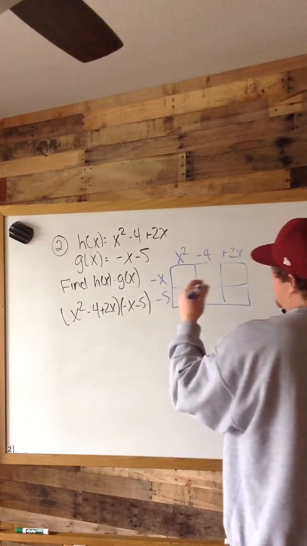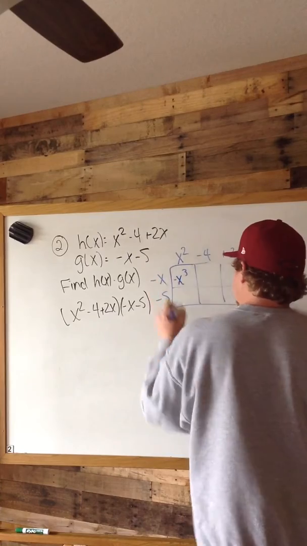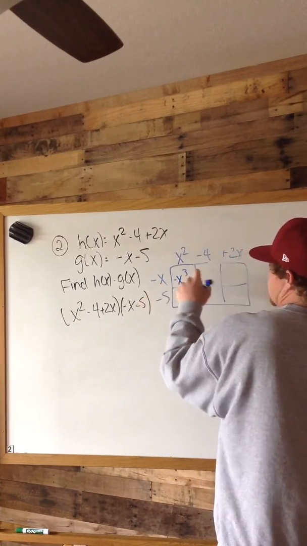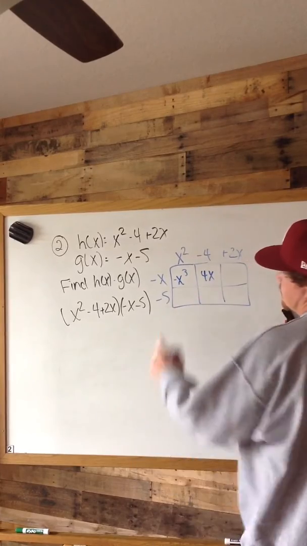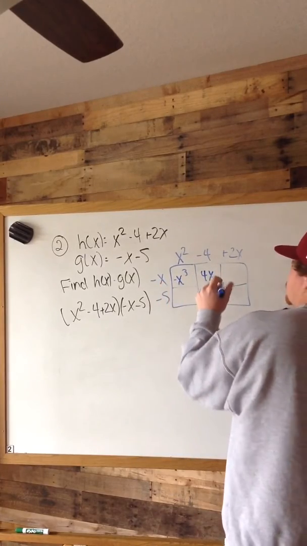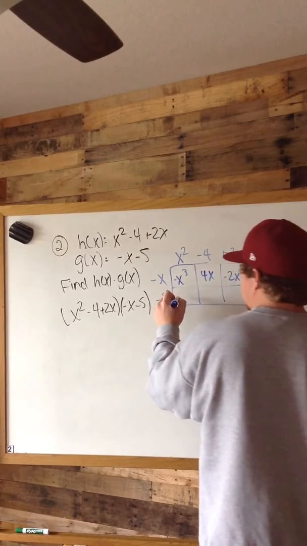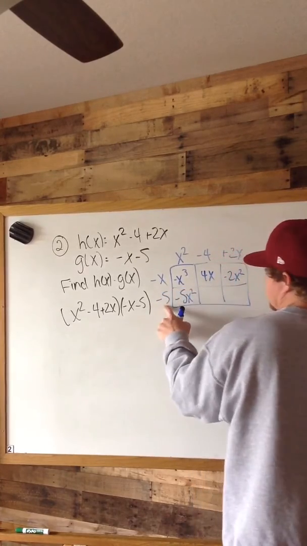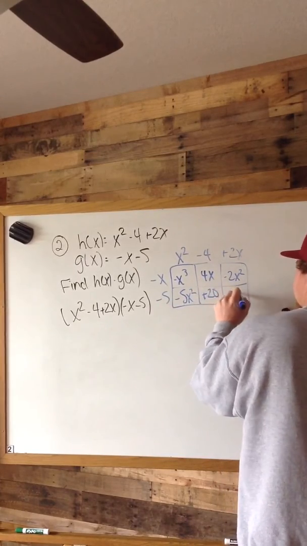So looking at this, then we multiply it. Negative x times x squared gives me negative x cubed. Negative x times negative 4, negative times negative, we're going to have positive 4x. Negative x times 2x gives me negative 2x squared. Multiply them out, negative 5x squared plus 20 minus 10x.